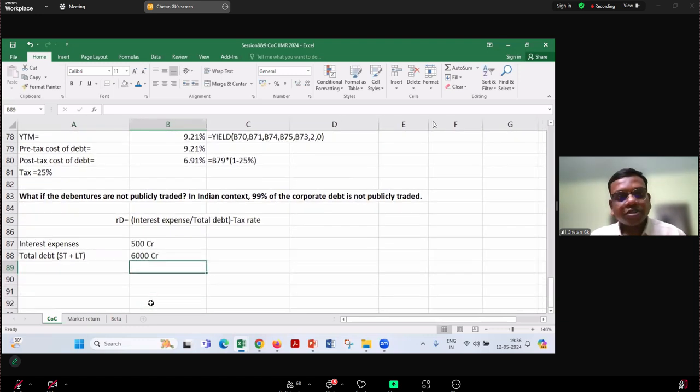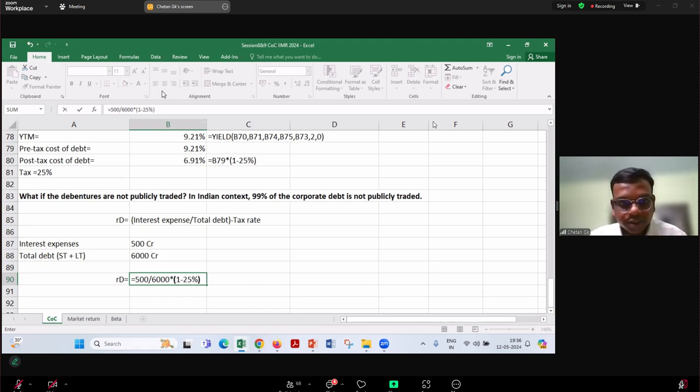So can you tell me how much is the cost of debt? So cost of debt will be how much? 500 divided by 6,000, multiplied by 1 minus tax rate. Shall I do it?